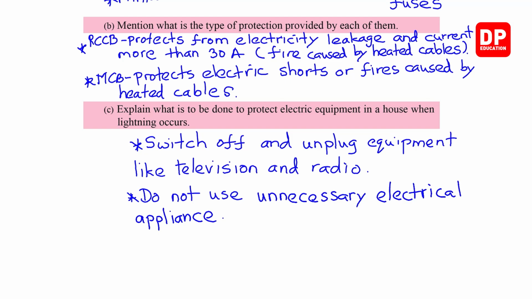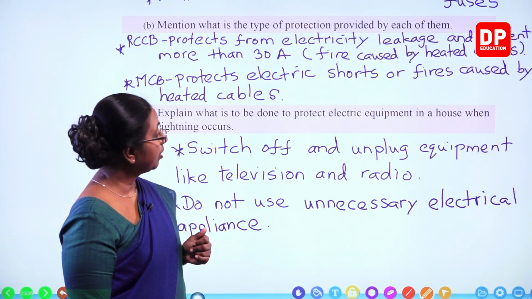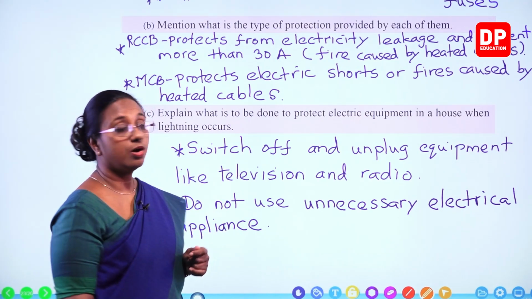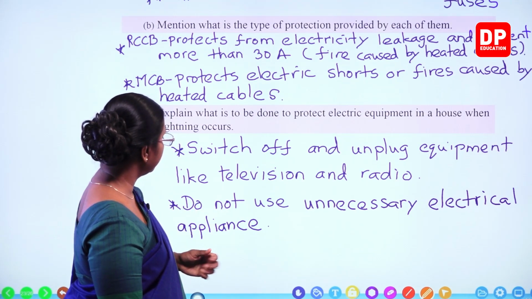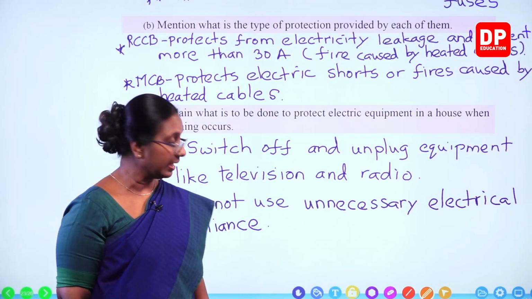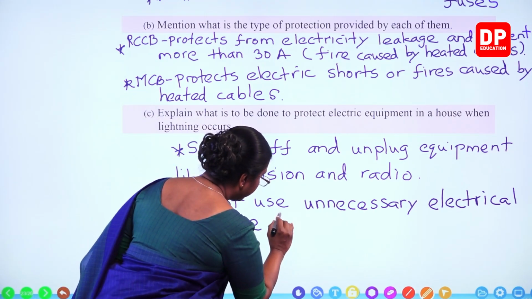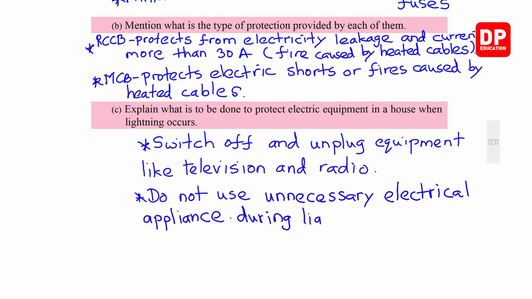So those are the methods by which you can protect the electric equipment in a house when lightning occurs. Switch off and unplug equipment like television and radio. Do not use unnecessary electrical appliance during lightning. So that is how we can protect the household.